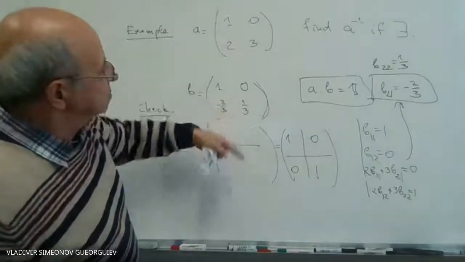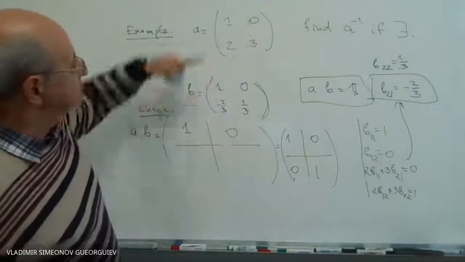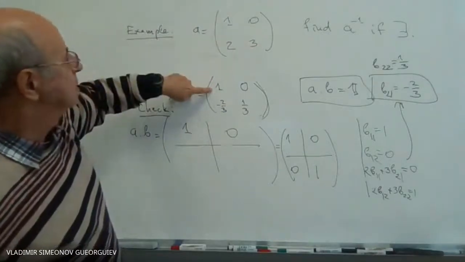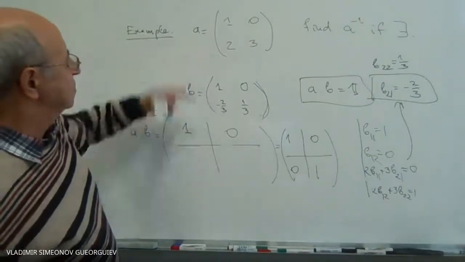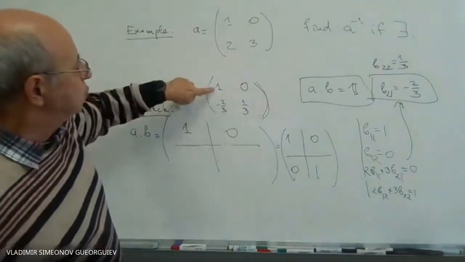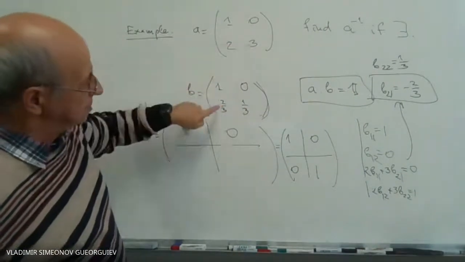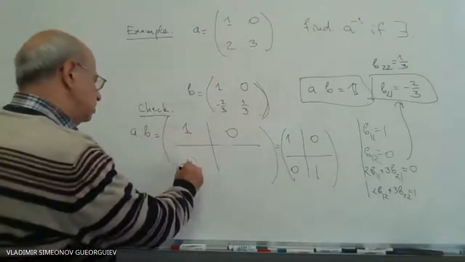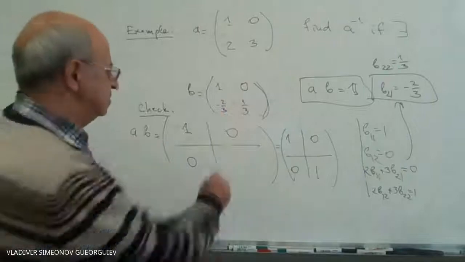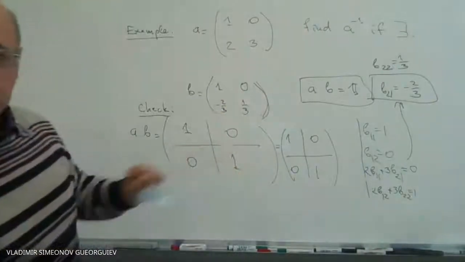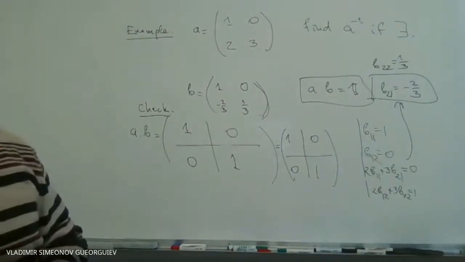This by this, 0, obviously. This by this gives 1. We get 2 minus 2 over 3 by 3. This is minus 2. 2 minus 2 is 0. And finally, this by this gives us 1. So our check shows that clearly this is the inverse of the matrix.